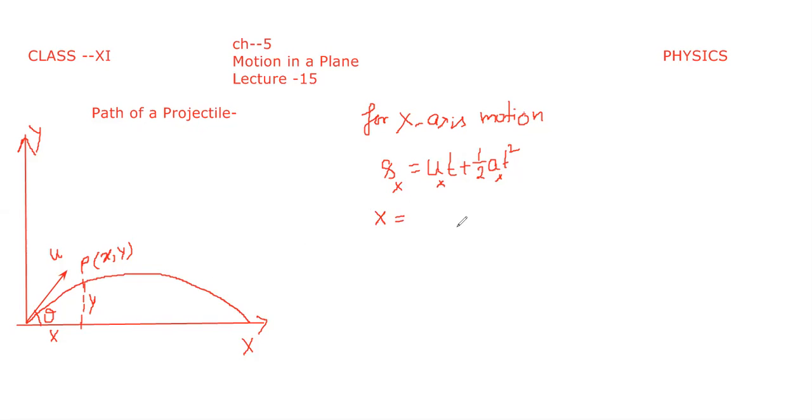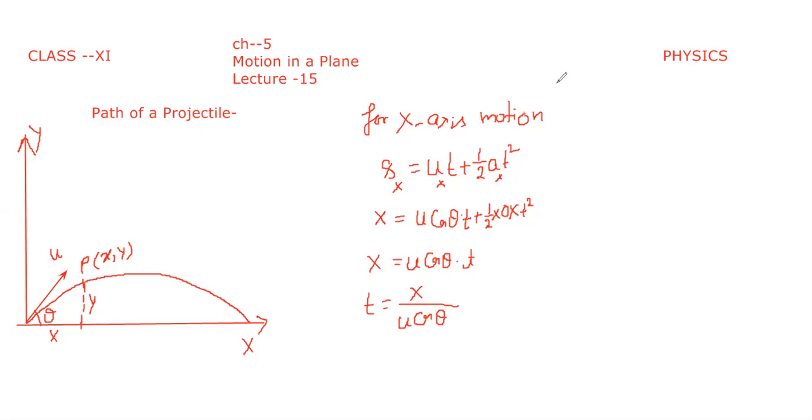Ux is the x component of the initial velocity, that is u cos theta, into t, plus half ax t square. There is no acceleration, so finally we get x equal to u cos theta into t, and from here t equal to x upon u cos theta. This line is clear to all of you. This is the relation between time and x.